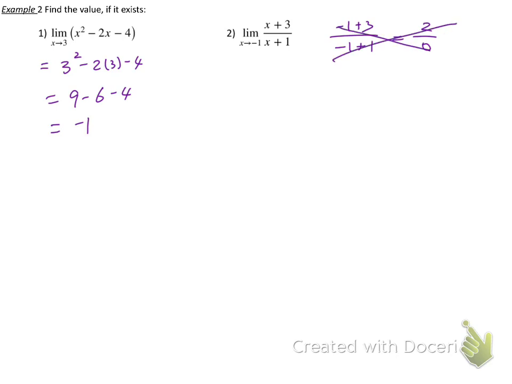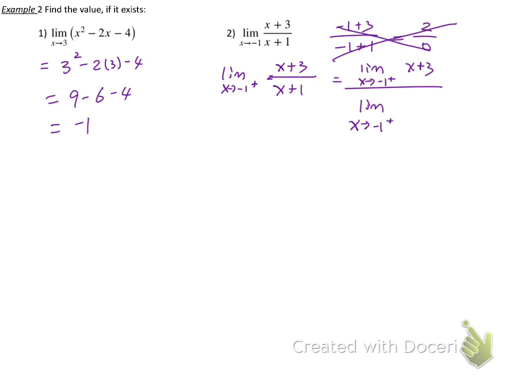If you really look at what happens when x approaches negative 1, let me show you. From the positive side, x plus 3 over x plus 1, it will be the limit of the top over the limit of the bottom. When x approaches negative 1 from the higher side, negative 1 plus 3, so 2.